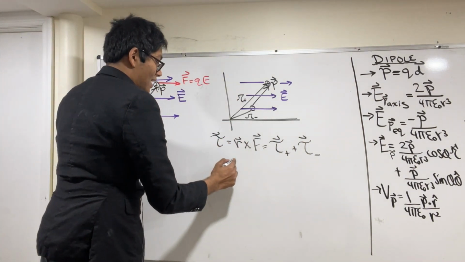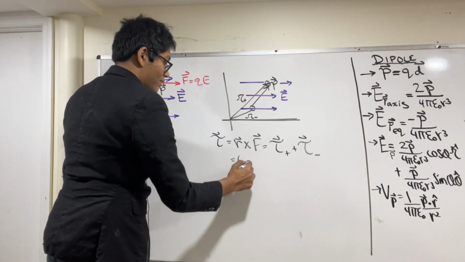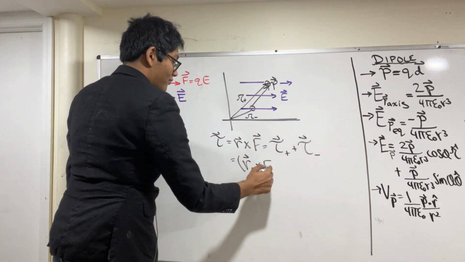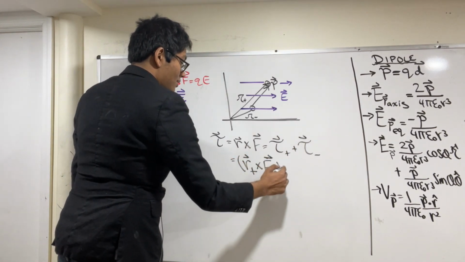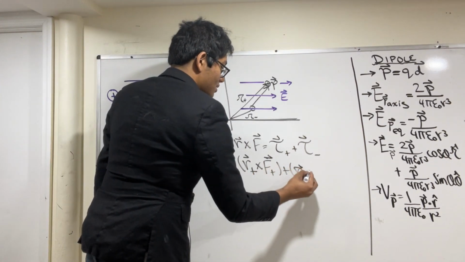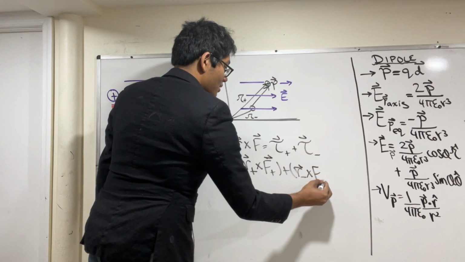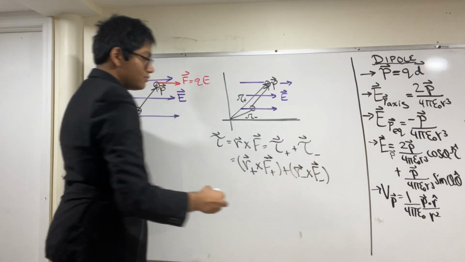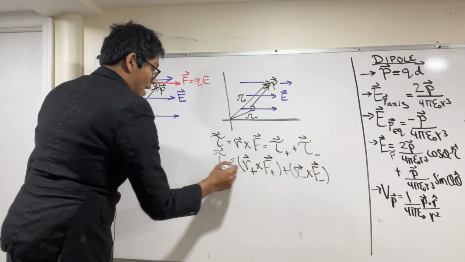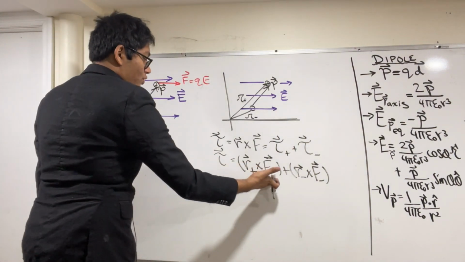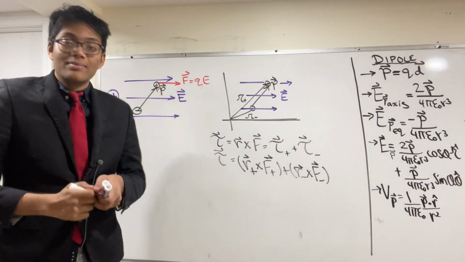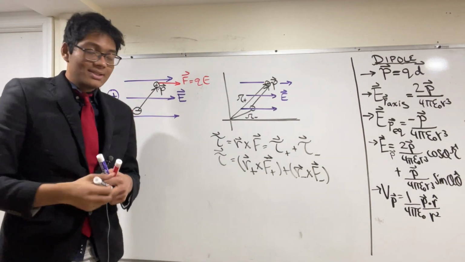And so what we'd have is, for the positive charge, r, the distance to the positive charge, cross with the force exerted on the positive charge, plus the distance to the negative charge, cross the force exerted on the negative charge. Well, now what do we have? This is the net torque. And notice that, of course, the force exerted on any charge is going to be q, the magnitude of that charge, times the electric field that that charge is inside.